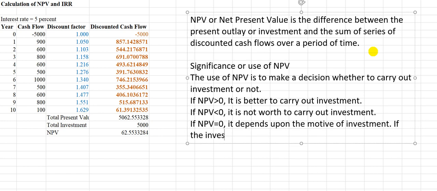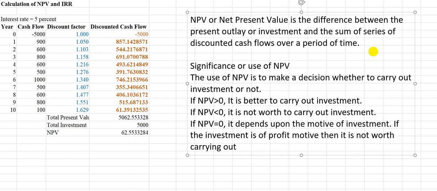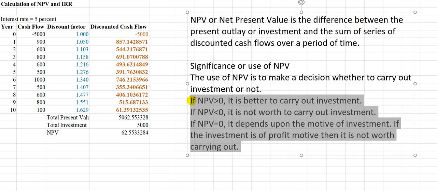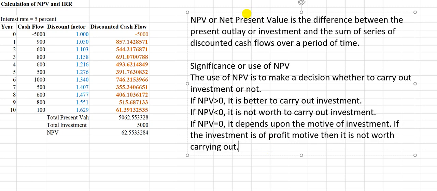If the investment is of profit motive, then it is not worth carrying out. This is the significance of NPV, and we will calculate NPV to know whether to carry out investment or not.